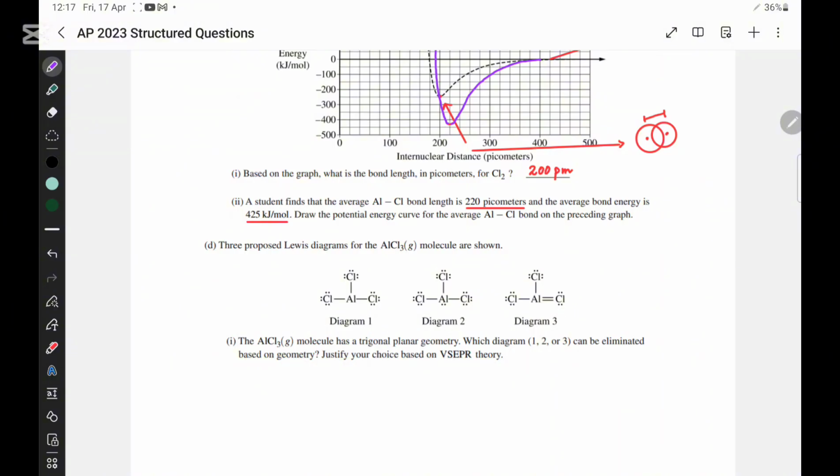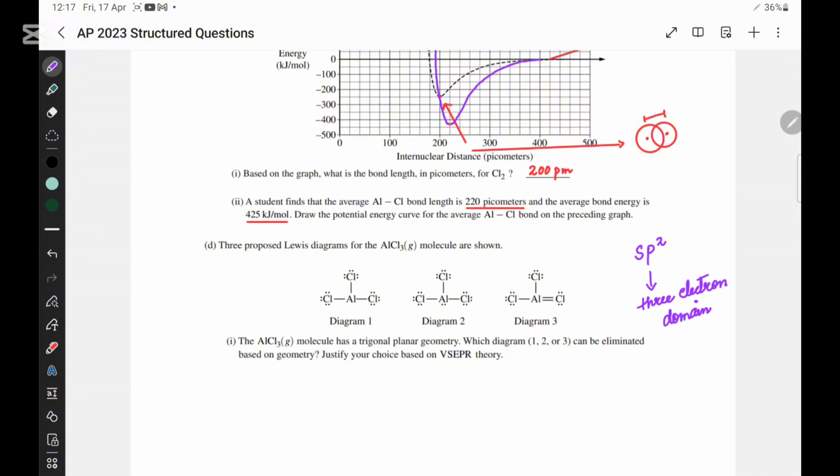And as they are having trigonal planar geometry, so trigonal planar geometry is going to be sp2. That means it is having 3 electron domains. So let's see which one is going to have 3 electron domains.